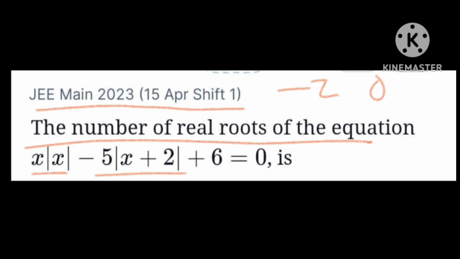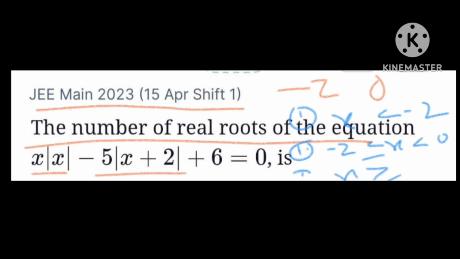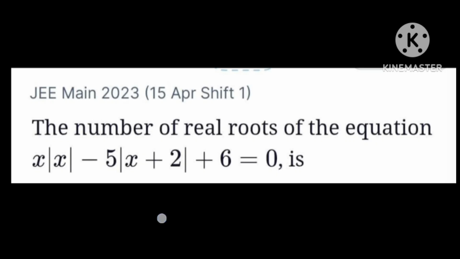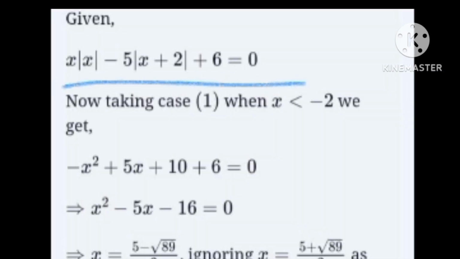So first case, x less than minus 2. Second case, minus 2 less than or equal to x less than 0. Third case, x greater than or equal to 0. So these are the three cases. So this is the equation. Now the case is x less than or equal to minus 2.